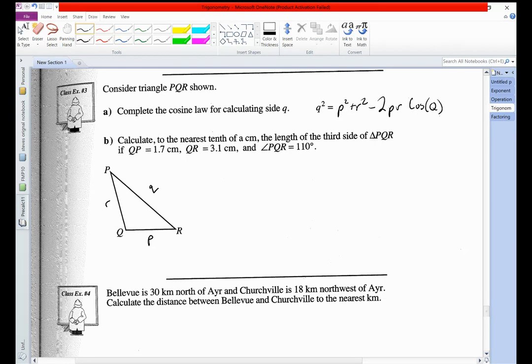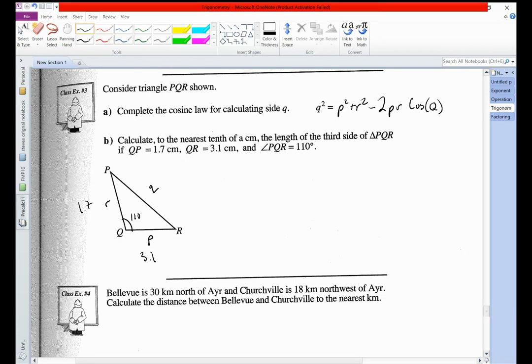So it says here, calculate to the nearest tenth of a centimeter the length of the third side of triangle PQR if QP is 1.7, so that side is 1.7. QR, which is little p, is 3.1, and angle PQR, which is angle Q, is 110 degrees.